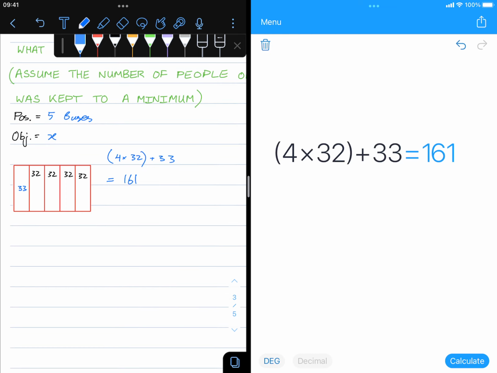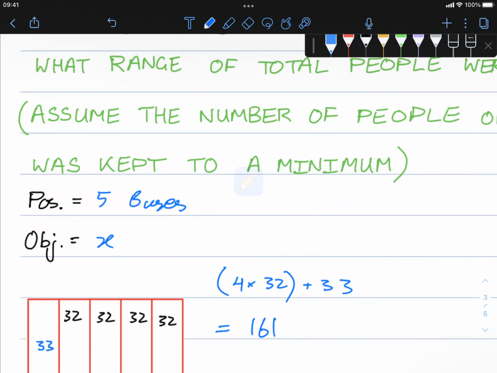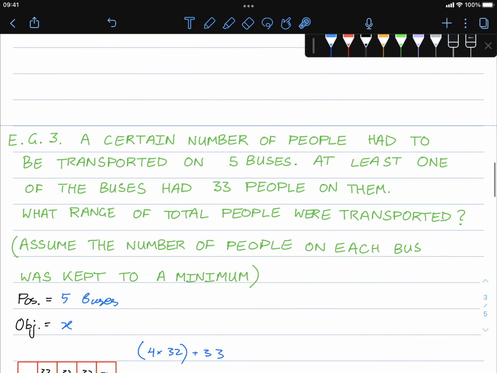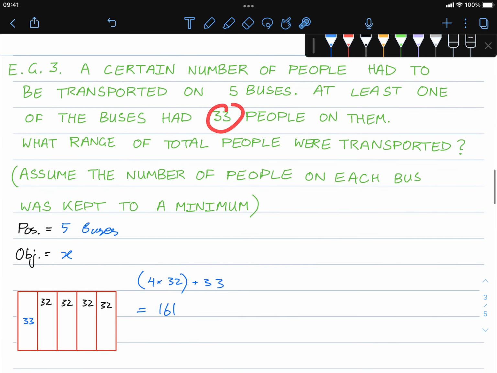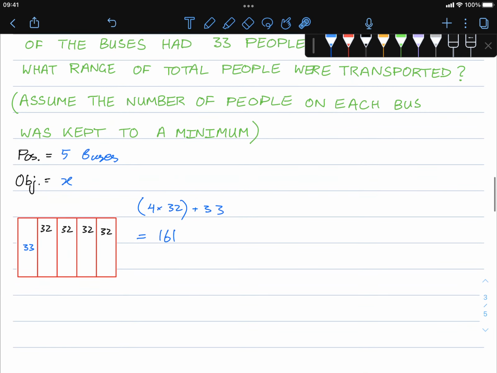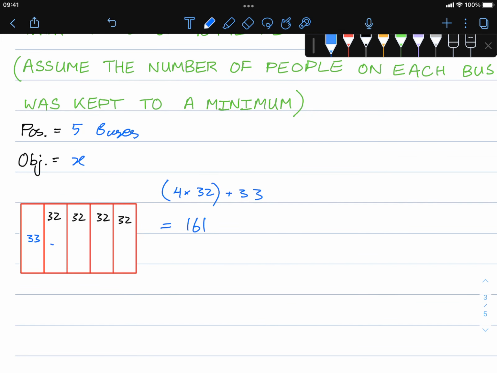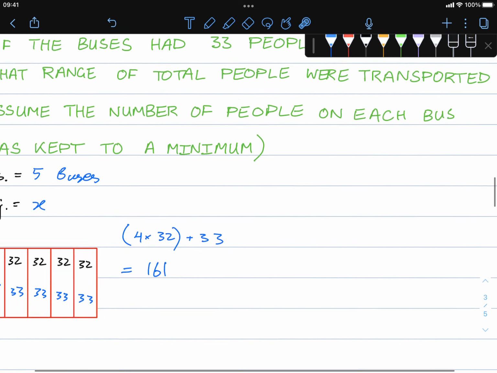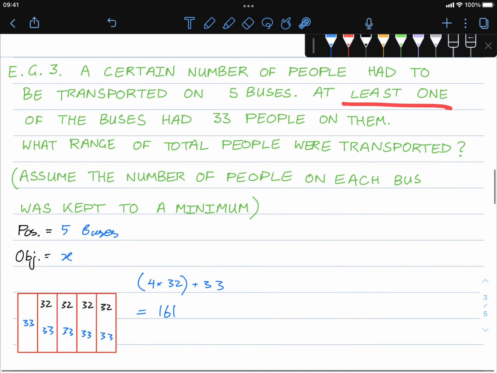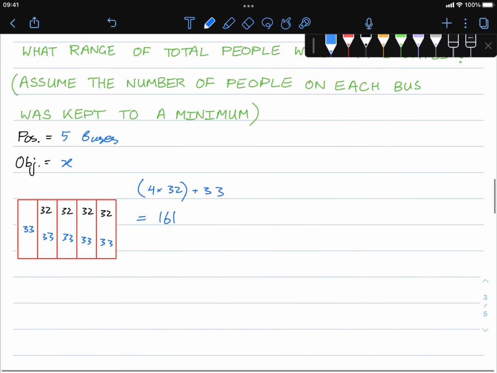And if it said at least one of the buses had 33 people on them, what is the total number of people transported? Well, what if all of them had 33 people? Because it clearly states only at least one of the buses. So this here is the minimum number of people.